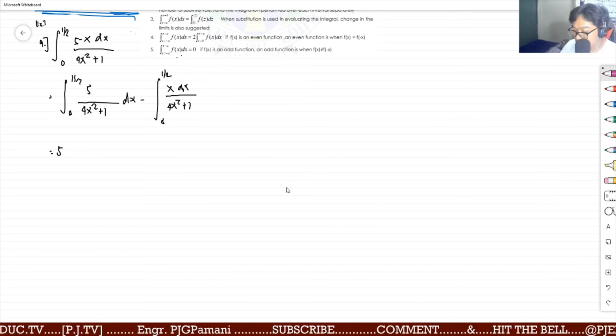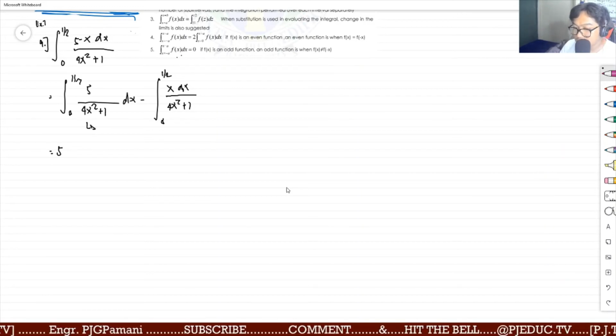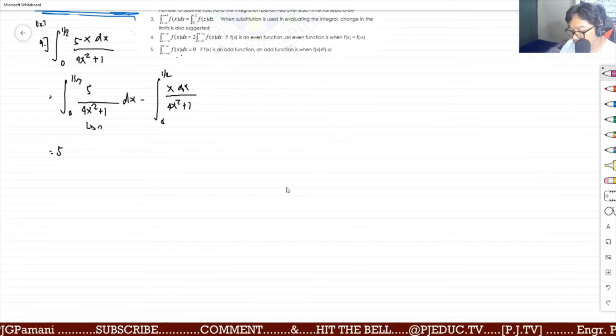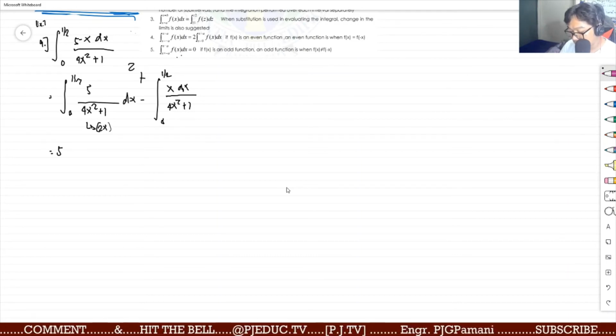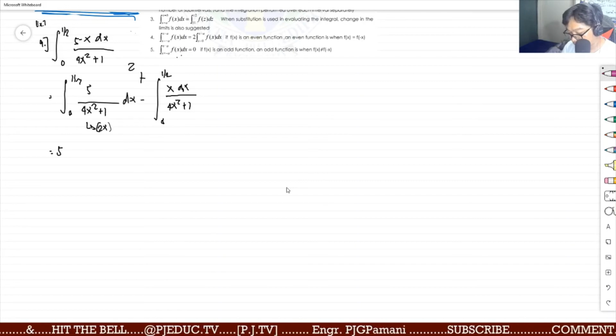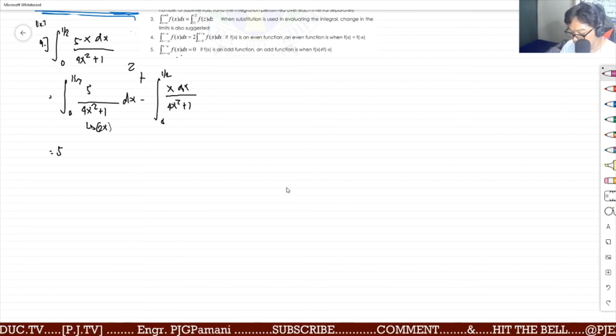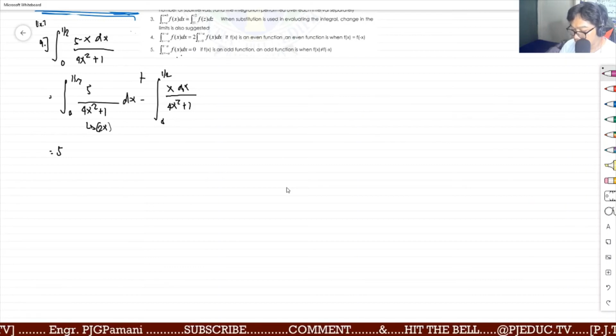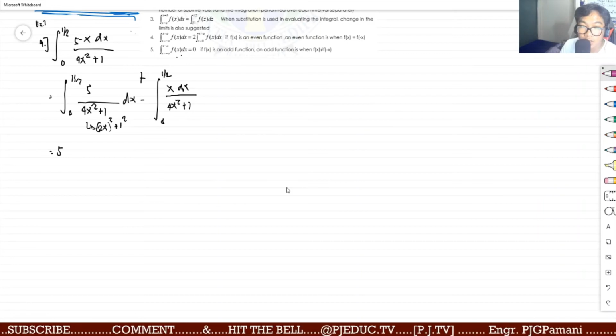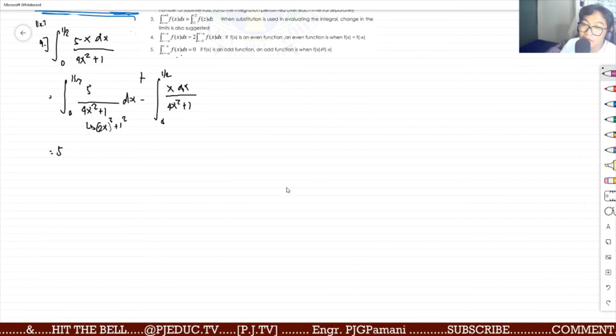That is 4x squared plus 1, which is simply the same as 2x squared plus 1 squared. Ano yan? That is arctan. Remember your arctan: 1 over a arctan u over a.